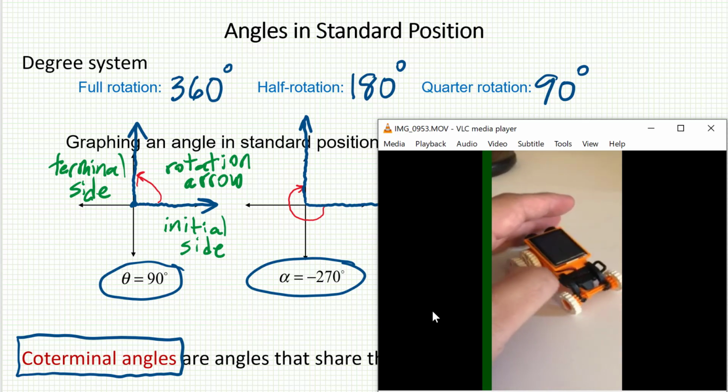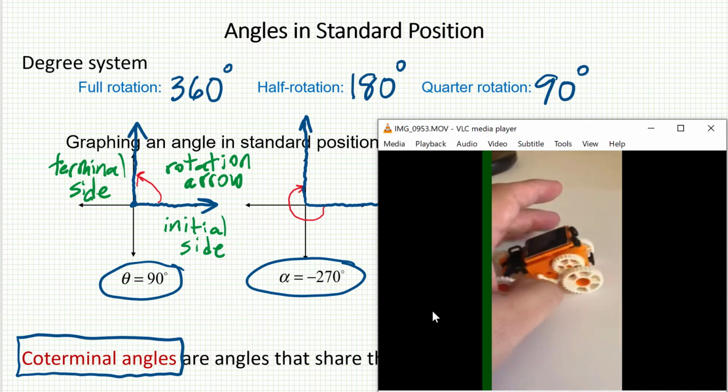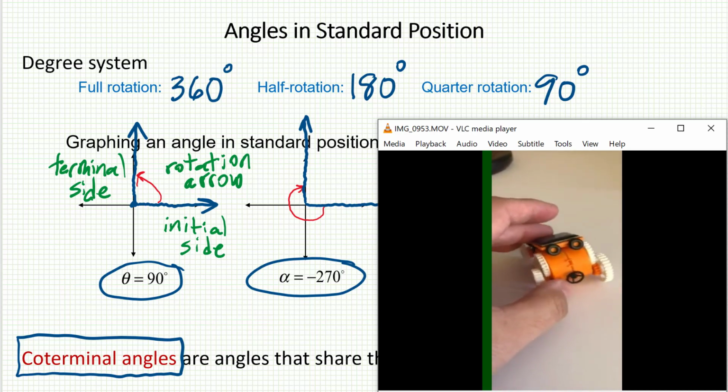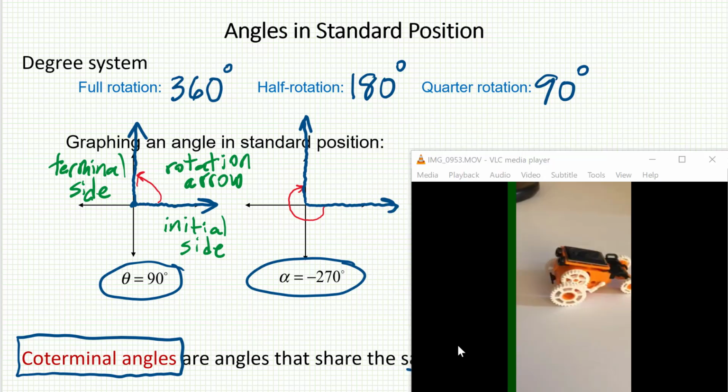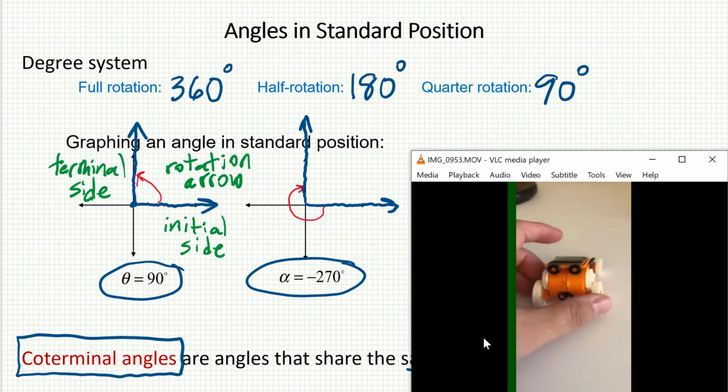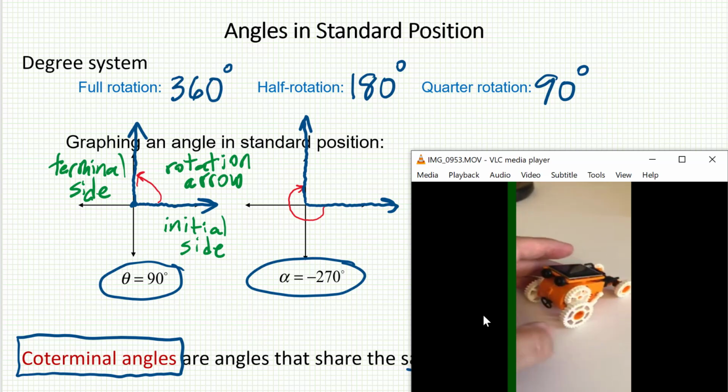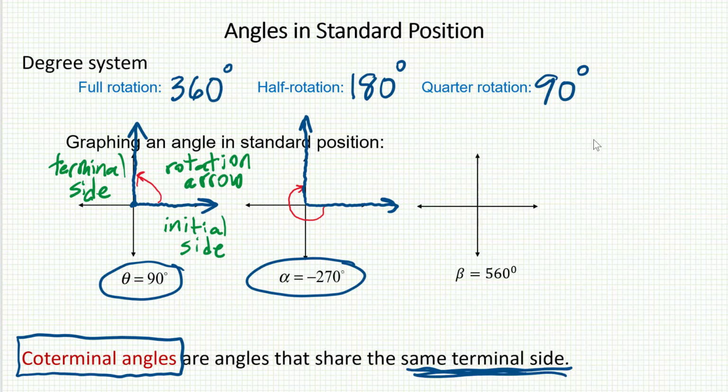But I could just as well have rotated 270 degrees in a clockwise direction and ended up in the same spot. Or I could have gone really crazy, spun it around counterclockwise a full rotation, added in another quarter rotation, that's 360 plus 90, 450 degrees. 90 degrees, negative 270 degrees, 450 degrees are all coterminal angles.